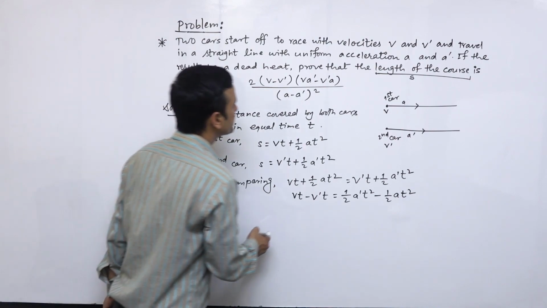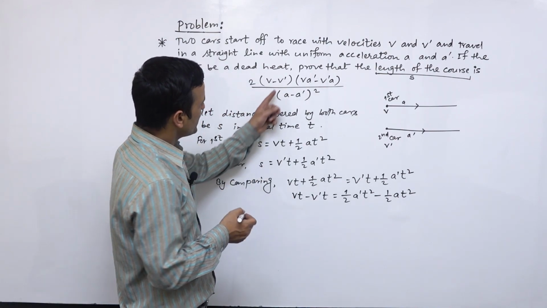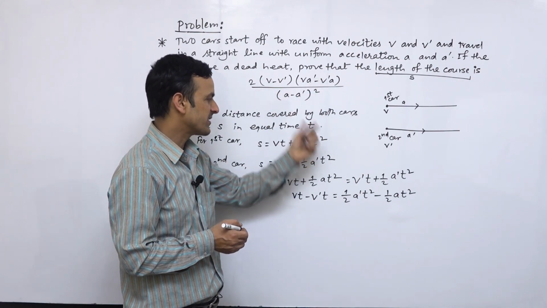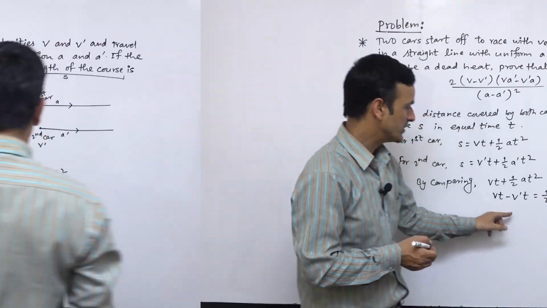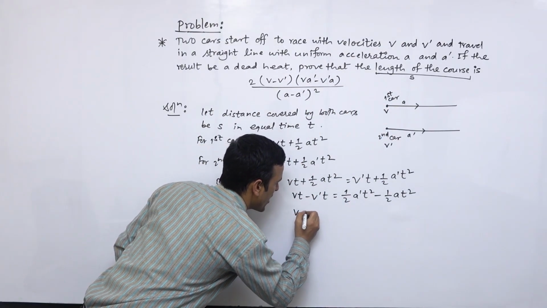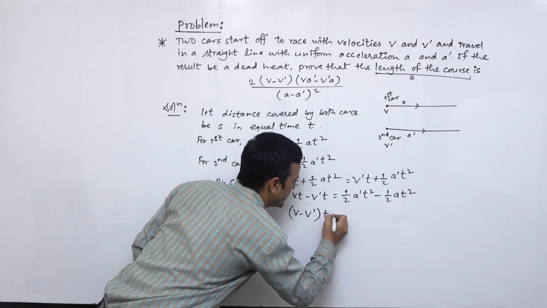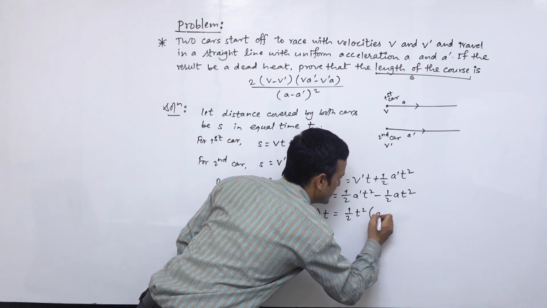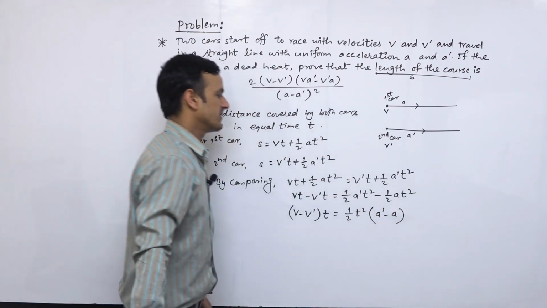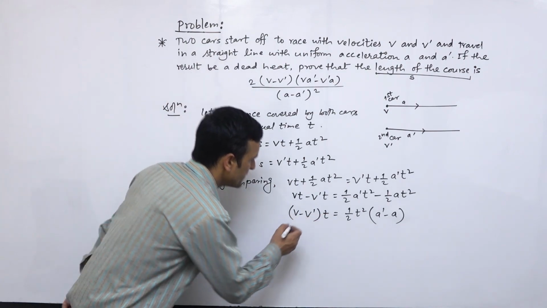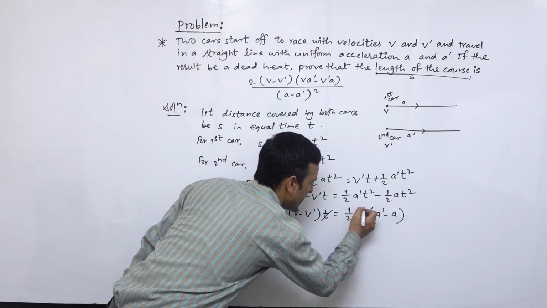In our result there is no t. Here there is no value of t, so we find the value of t from here. So here vt minus v dash t, we can take t common, and here 1 upon 2 t square common and a dash minus a. One t cancels with another t.